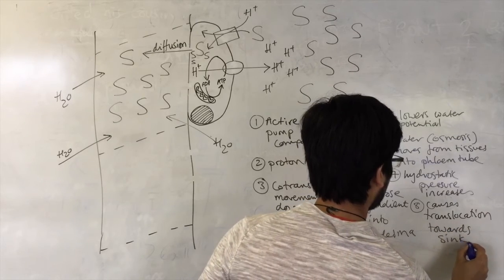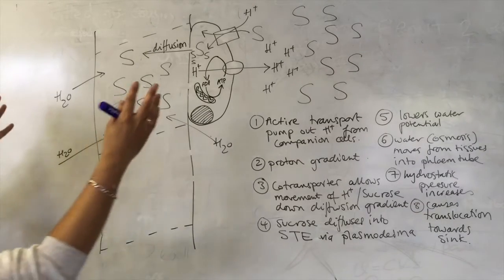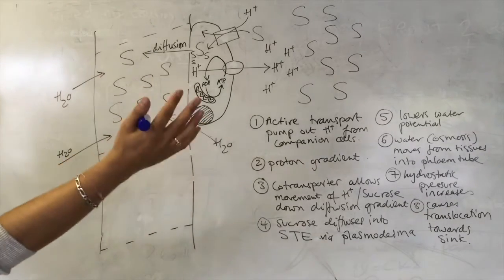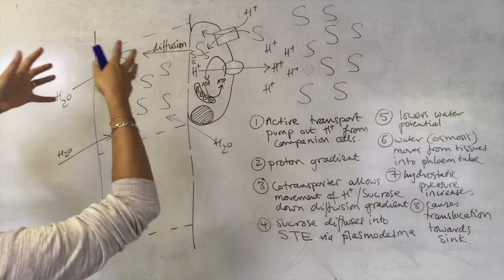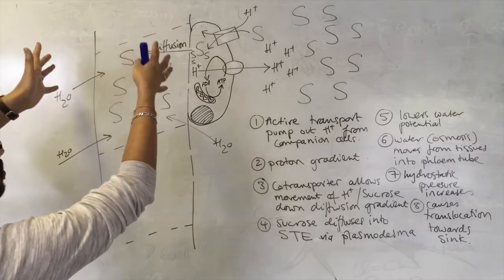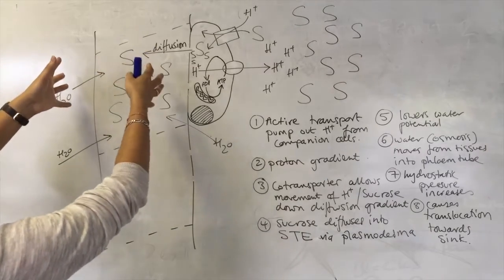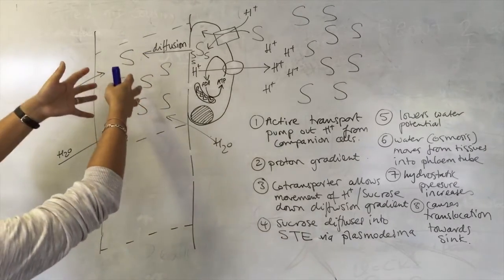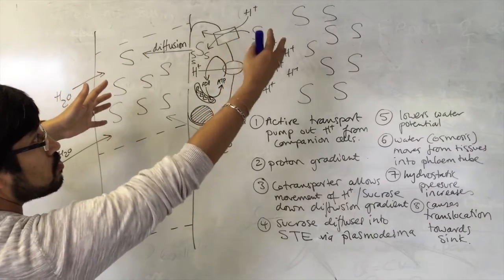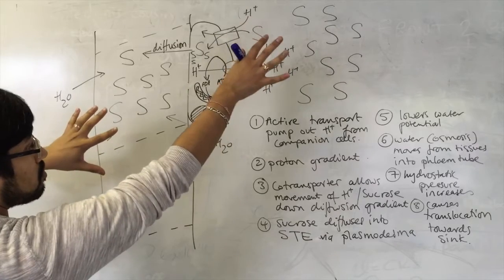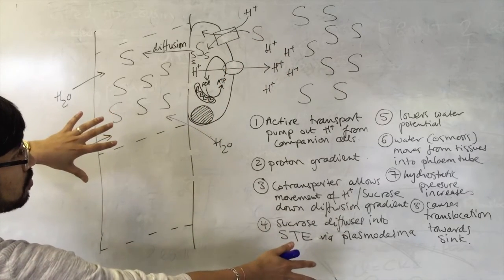towards the sink. All right, so let's just make a completely ridiculous situation that, say, here is the source and here is the sink. If the source is here, there's going to be high hydrostatic pressure because there's so much sucrose here, because the sucrose was high there at the source. If we have a sink down here, there's not going to be lots of sucrose down here.